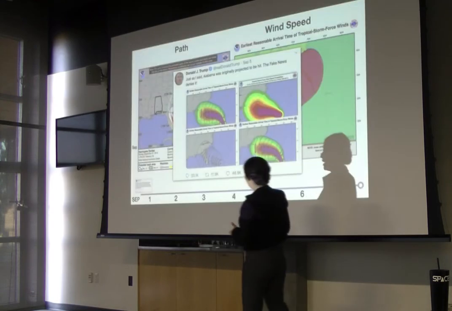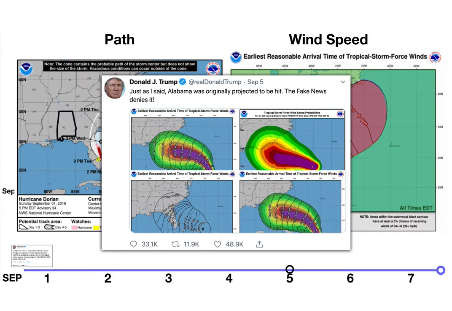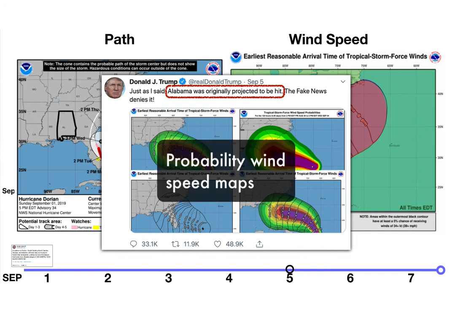What other evidence do we have? We have a tweet by him. He says, just as I said, Alabama was originally projected to be hit. He's using his evidence for hit as a probability wind speed map. He's showing us the probability wind speed map, the one that doesn't talk about hitting anything, just percentages of wind speed.